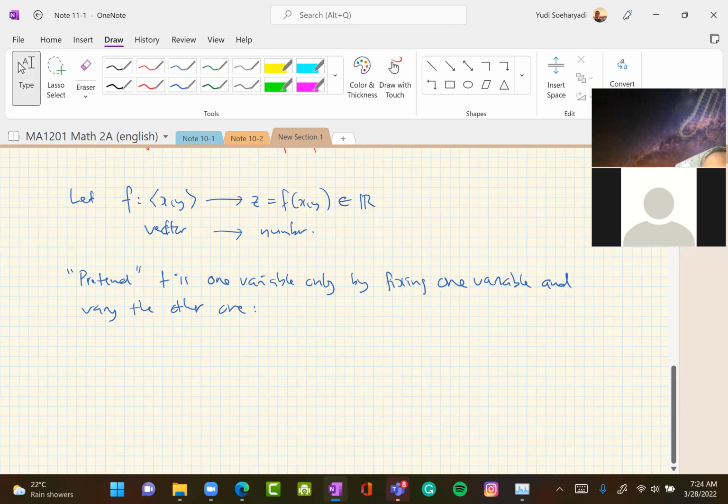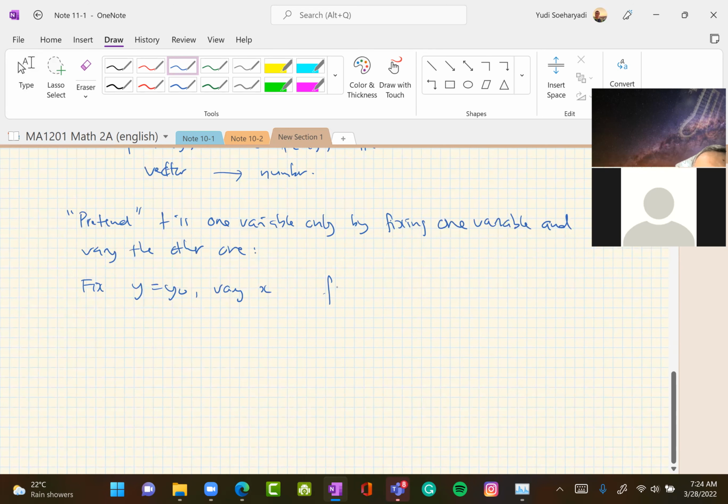So what does it mean? Fix, for example, y equals y0, and vary x. So what we have is this function of x.